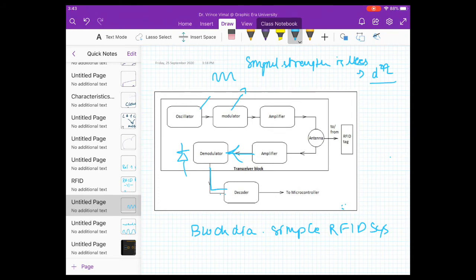Once it gets powered up, its first role is to transmit back the unique ID, the EPC, which is stored in it. In the same way the signal came in, it is sent out through the same coil into the air, and it reaches the reader through backscatter.